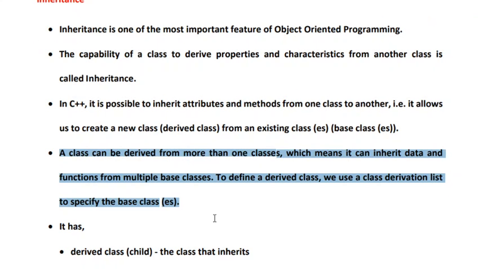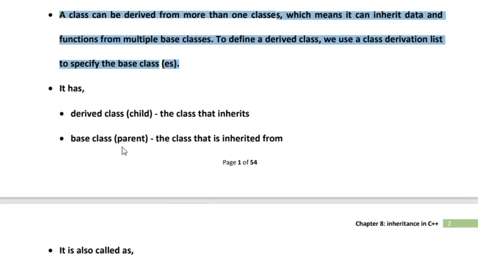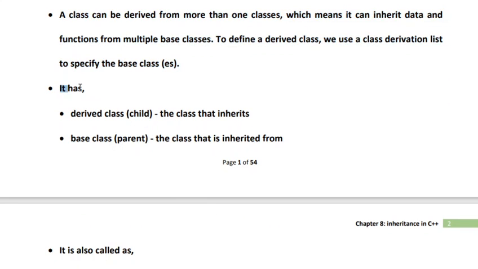To define a derived class, we use a class derivation list that specifies the base class or base classes. So, we can further state that in case of inheritance, there are two types of classes, namely the derived class or the child class, and the base class or the parent class.